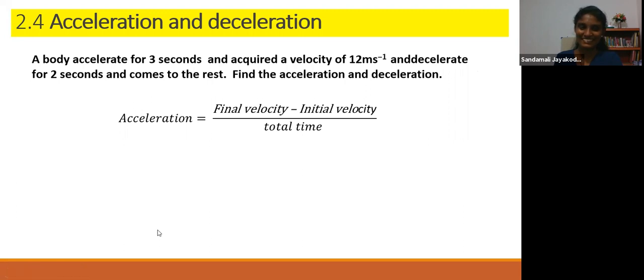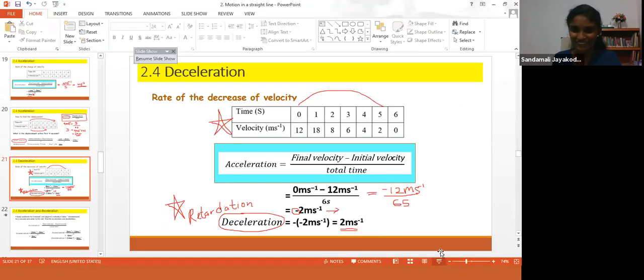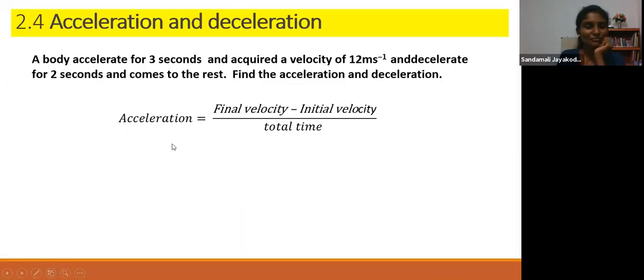All right. Okay. Will you give a try? Okay. All right. How to find it? Acceleration is final velocity subtract initial velocity divided by total time.